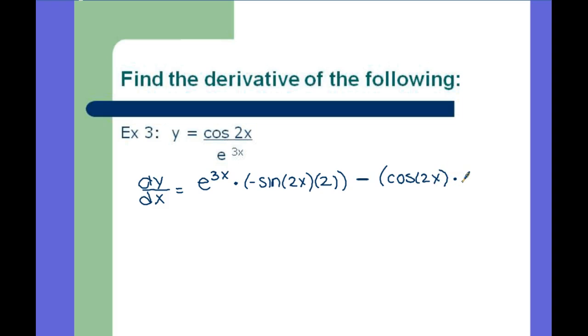Low, the derivative of e to the 3x is always e to the 3x times the derivative of 3x, which is... all over e to the 3x squared.